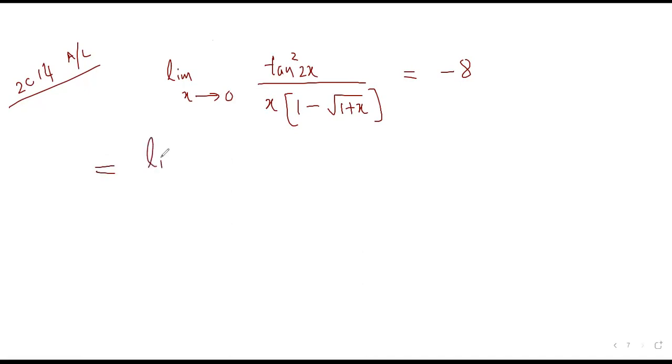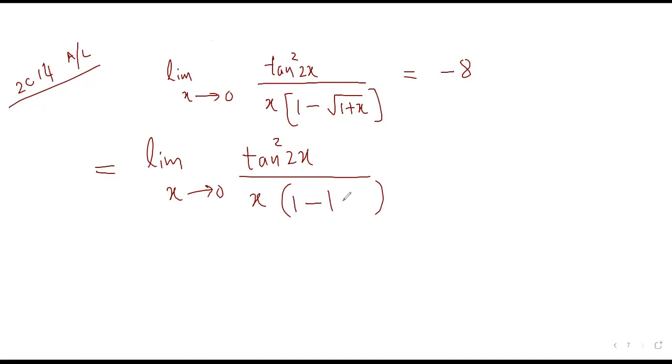Let's try it. Limit x is going to 0 of tan squared 2x over x into... if you multiply by the conjugate, this becomes 1 minus 1 minus x, over 1 plus the square root of 1 plus x.